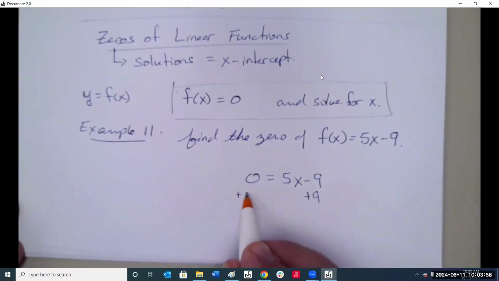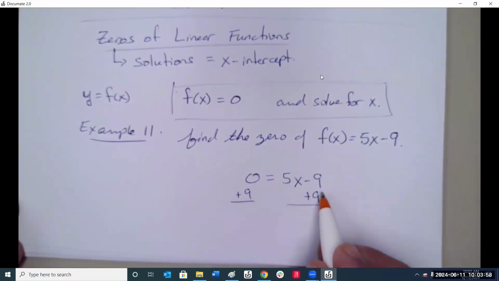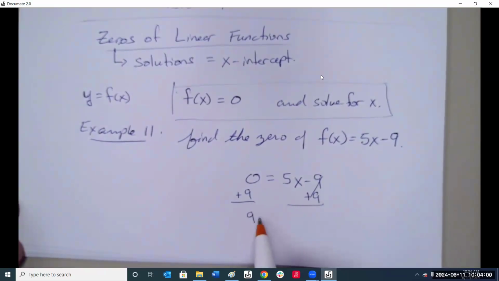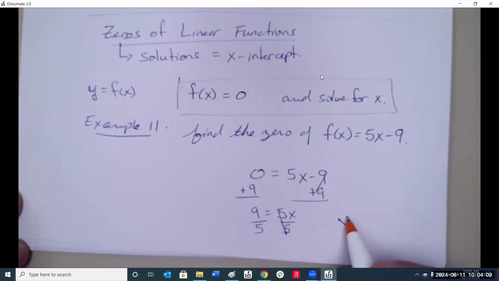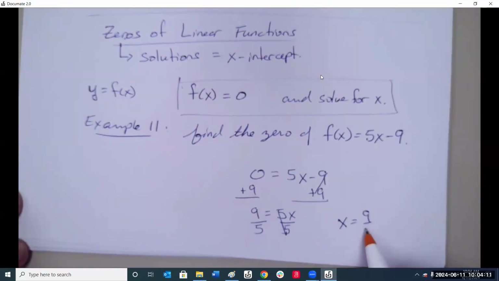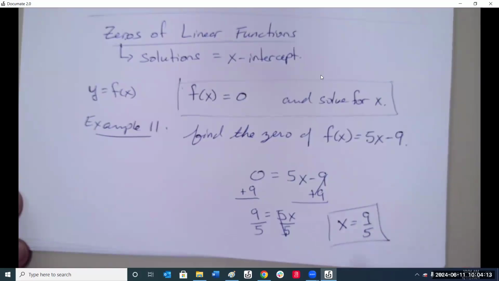Add 9 to both sides. And then divide by 5. So 0 is at 9 over 5. That's your 0.